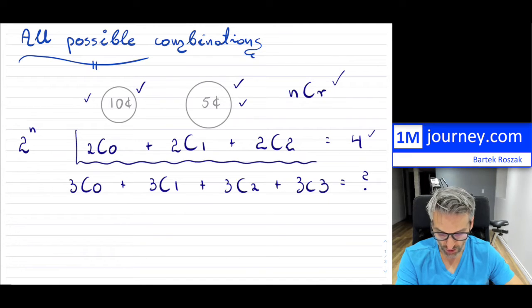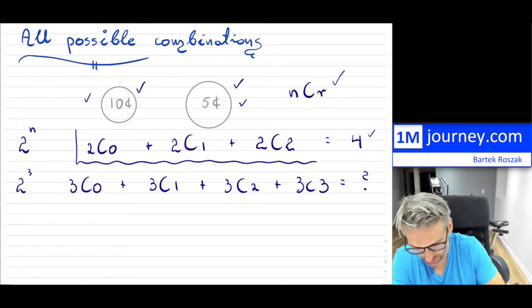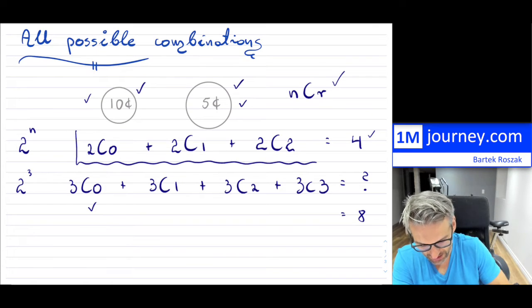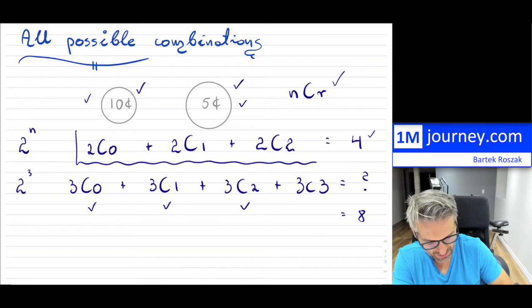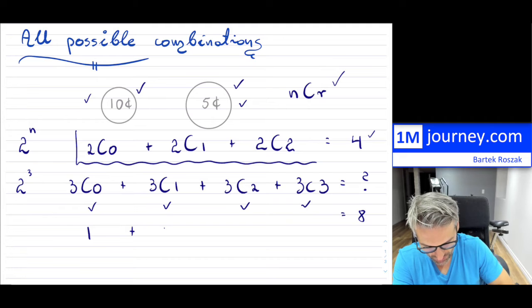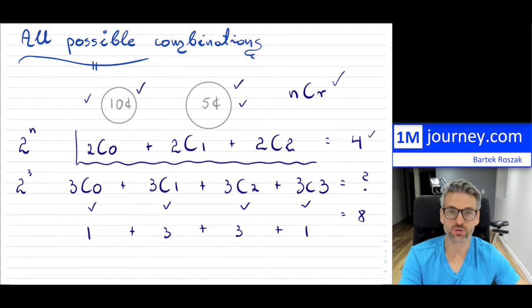So with the 2 coins, 2 to the power of 2 is equal to 4. And if we're going to take 3 coins, we would have had 2 to the power of 3, which would actually have been equal to 8. And you can see that that is indeed the case. So you would have 1, plus 3, plus 3, plus 1, which would have given you 8.